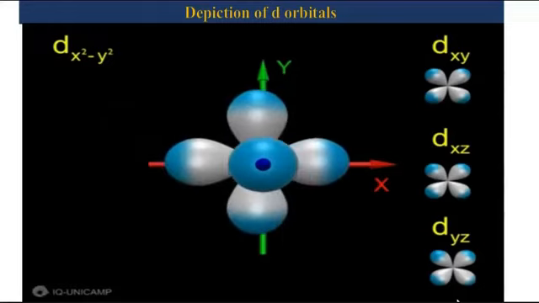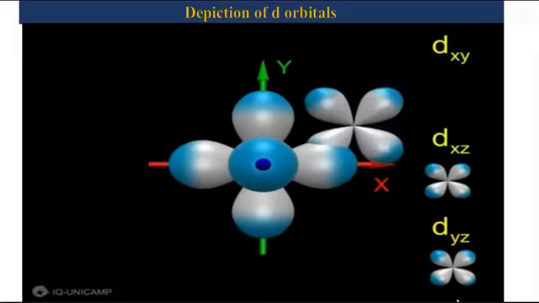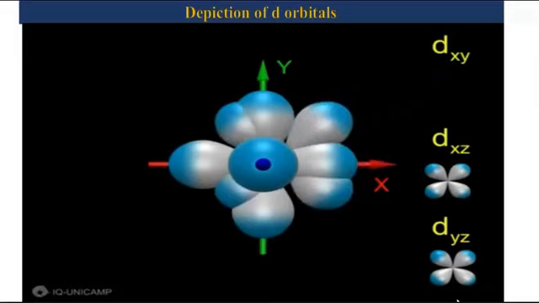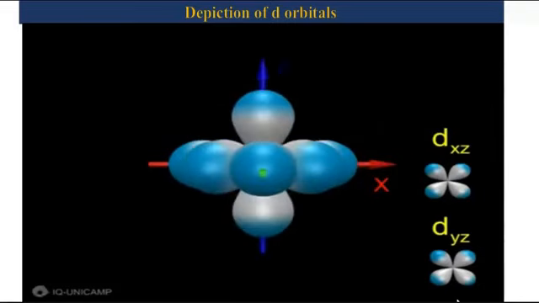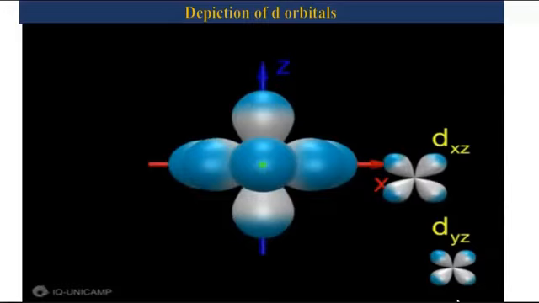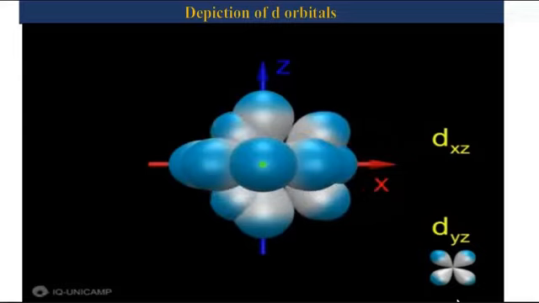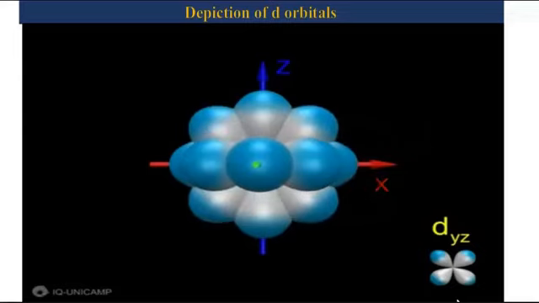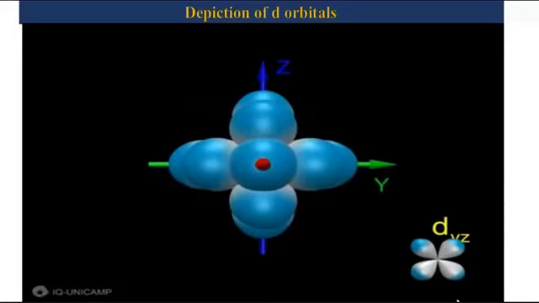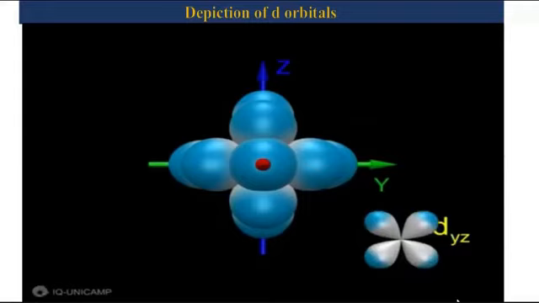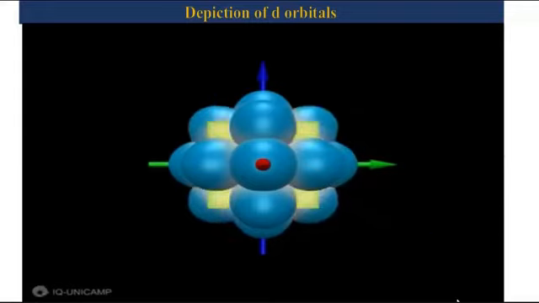So these are the total 5 orbitals: dxy, dyz, dxz, dx square minus y square, and dz square. And these are the depictions. So this way, the total d orbital looks like.